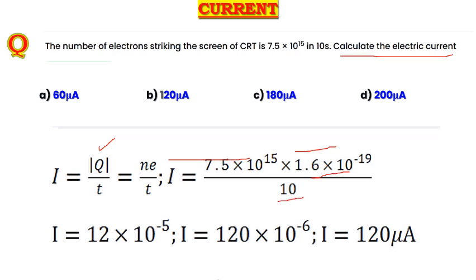Now cancel this: the 10 in the denominator will make it 10 power minus 15, and the rest gives 10 power minus 5.